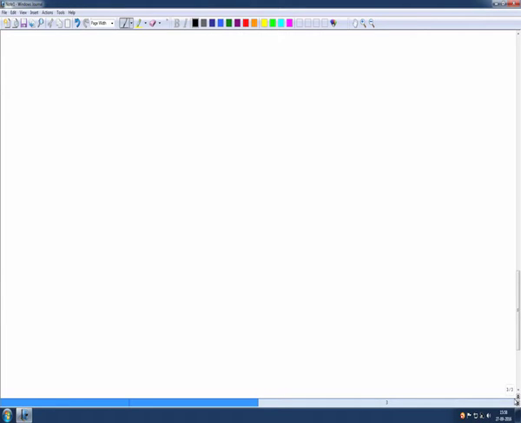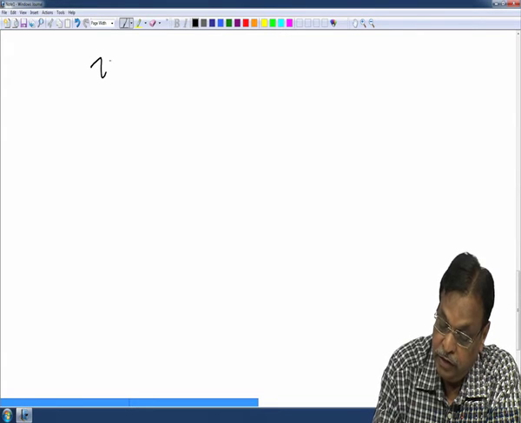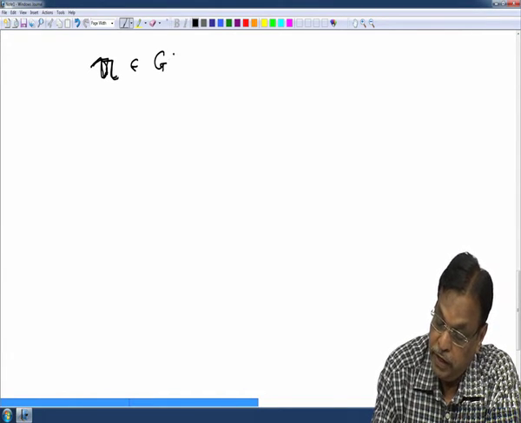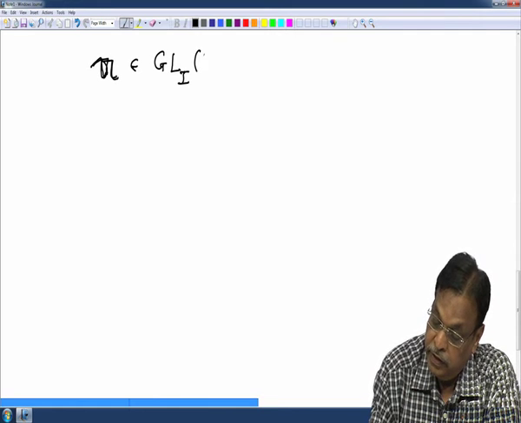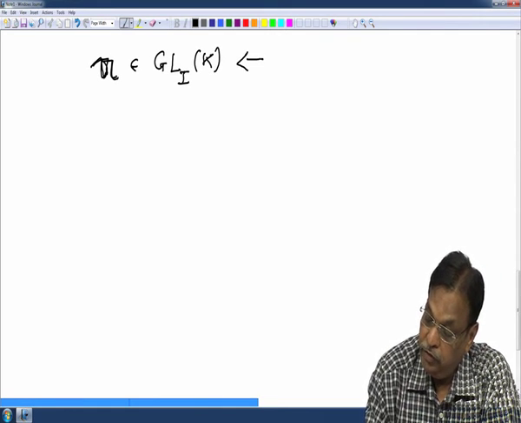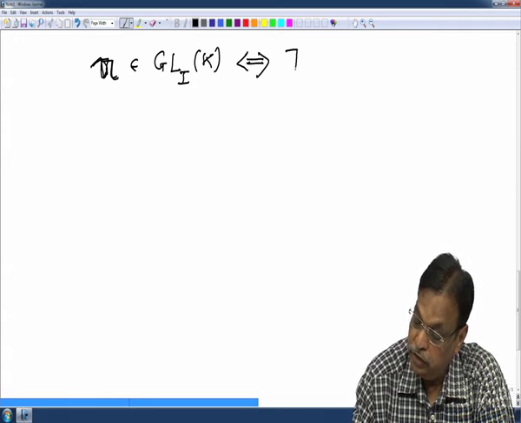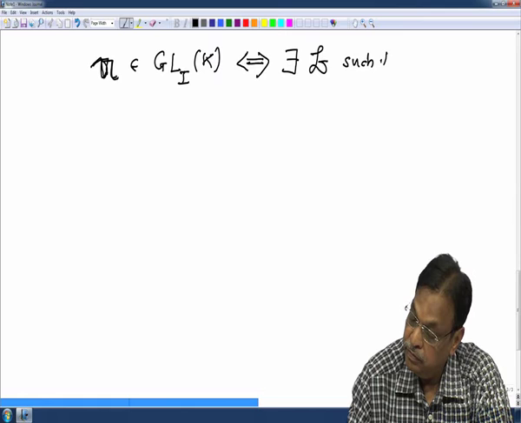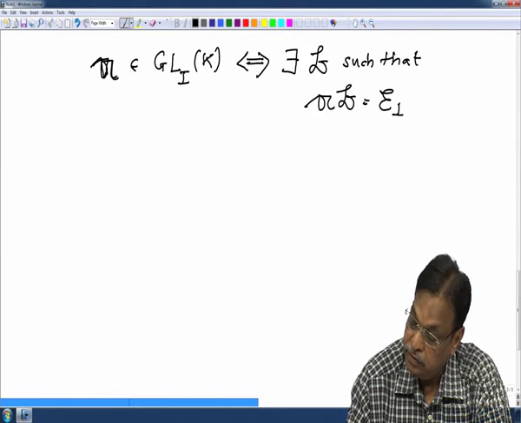So, we have seen last time that if you want to check a matrix A belongs to GL_I(K), if and only if you only have to check one equation: there exists a matrix B such that A times B is equal to the identity matrix.